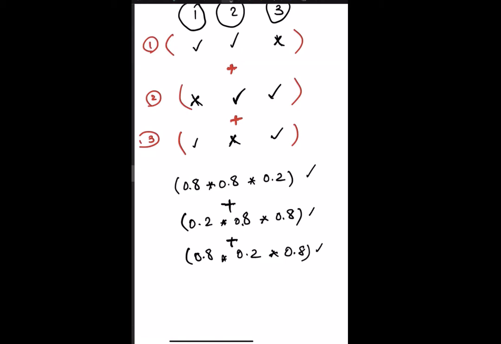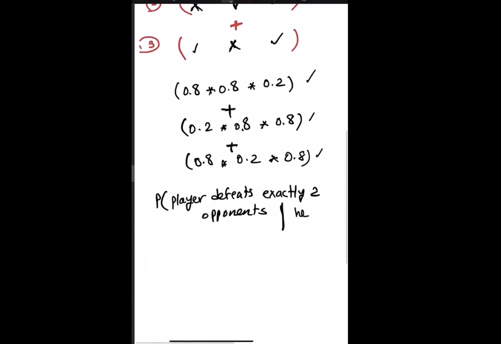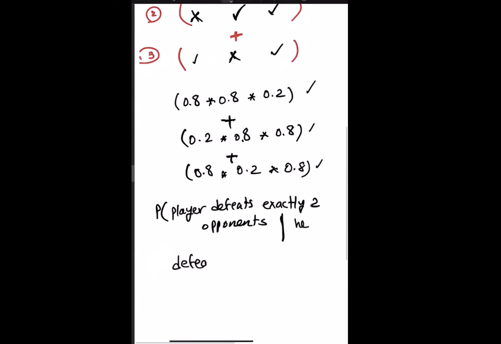Okay, let me ask you this question. What is the probability that the player defeats exactly 2 opponents, given that he or she defeats the first opponent?